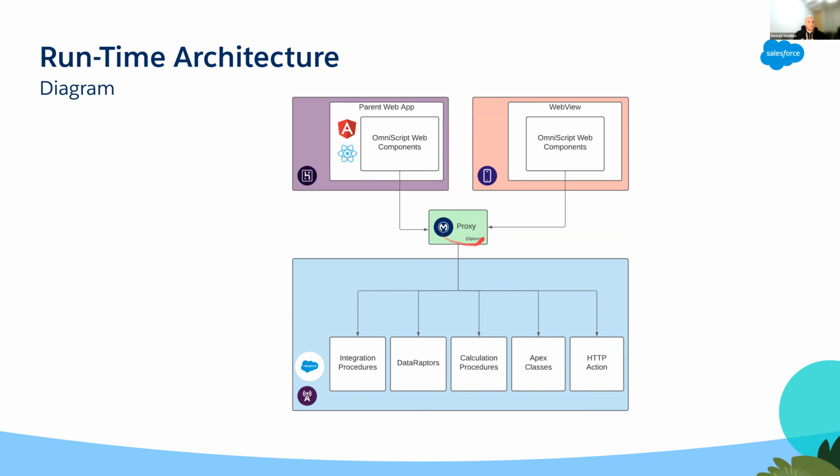It's recommended to go through a proxy, and then it will do an API call to Salesforce to actually invoke the integration procedure or Apex or whatever. It invokes that, gets the response back, and then otherwise behaves like the OmniScript would on platform. So you can think of it as the interactions to Salesforce are still happening there. It's happening through API calls, and it's recommended to go through a proxy for extra layer of security.